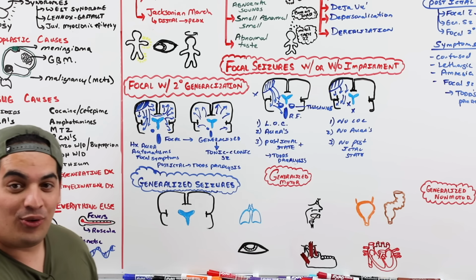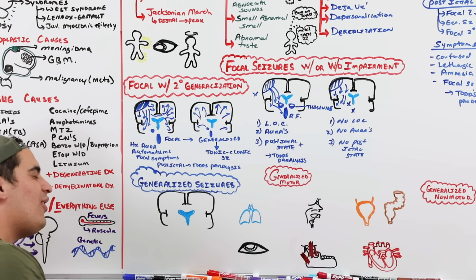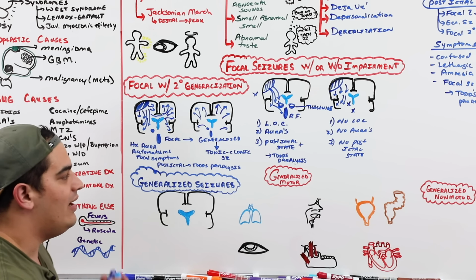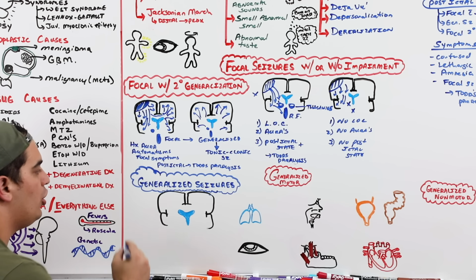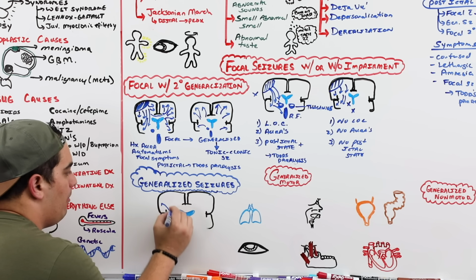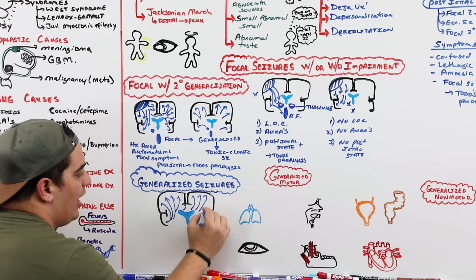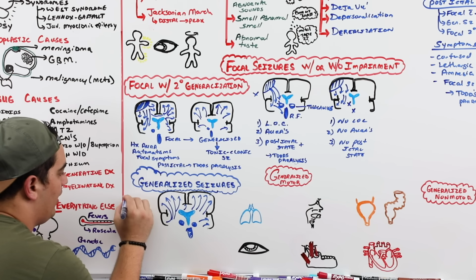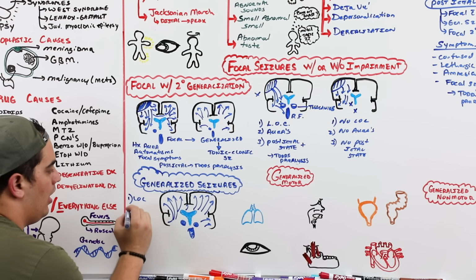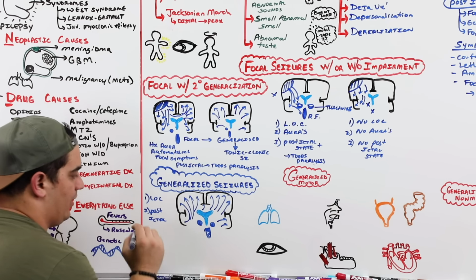Ninja nerds, we went through focal seizures, talking about the different types, with impairment, without impairment, and then on top of that, secondary generalization. Now let's move into the beast, generalized seizures. Generalized seizures usually involve bilateral hemispheric involvement, involving the thalamus and the reticular formation. So there is definite loss of consciousness, and there is definitely a post-ictal state.